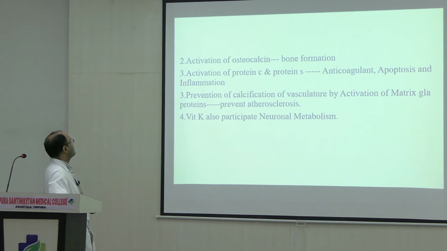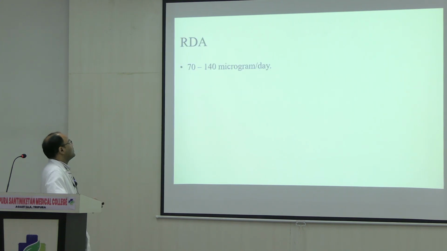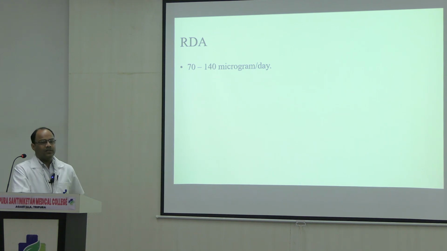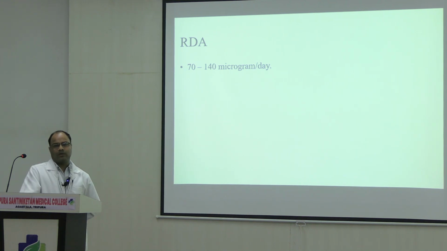Next, RDA is 70 to 140 microgram per day. As I told earlier, vitamin K is formed inside our gut, so deficiency is very rare in normal adults.